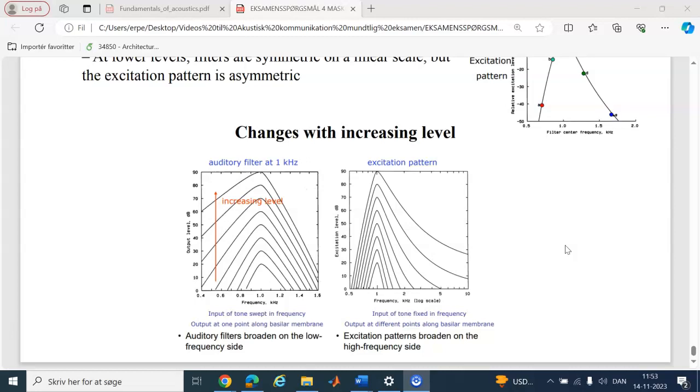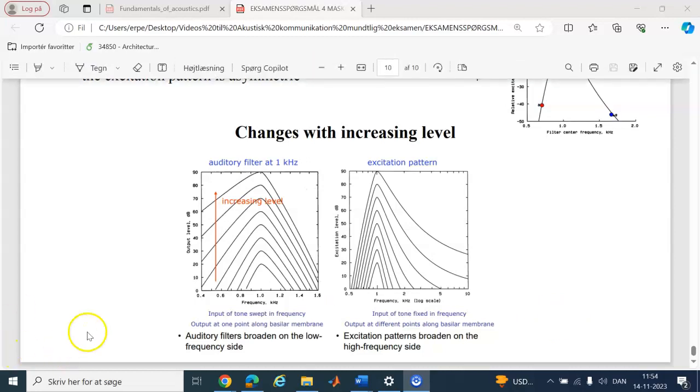For the auditory filters, it was different frequencies at one point on the membrane, whereas the excitation is one fixed-frequency tone across the whole basilar membrane. Excitation patterns broaden on the high frequency side, as I talked about before. Thank you. That was part 2.